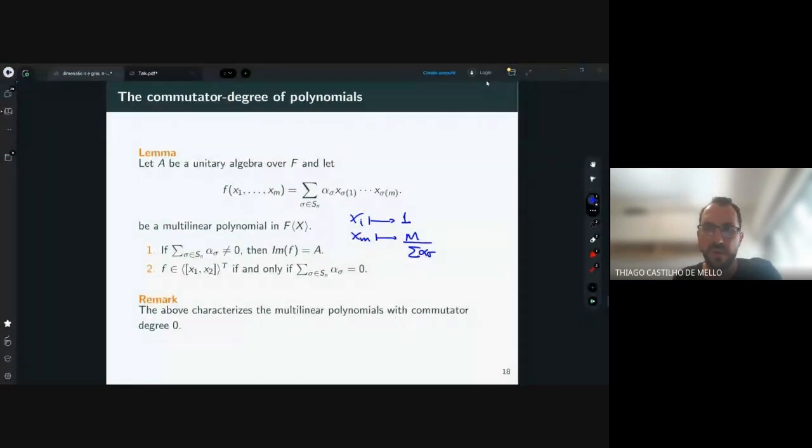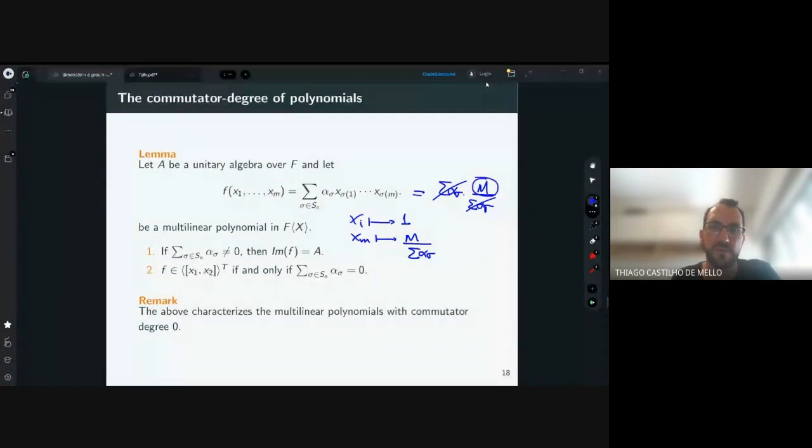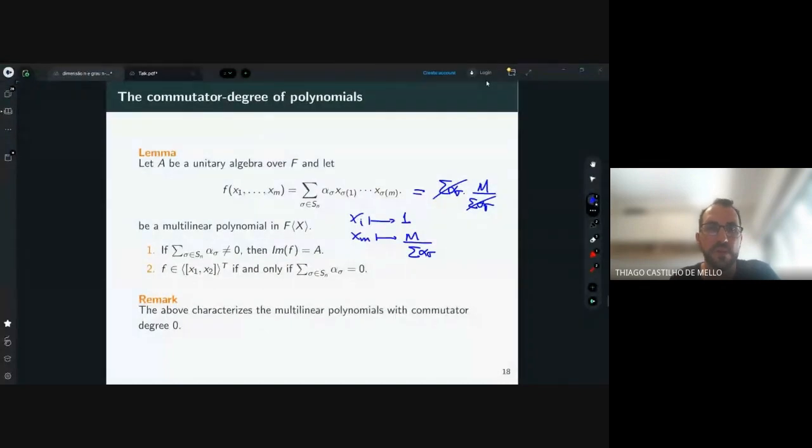Since these commute with themselves, all such evaluations are independent of the order, and will result in the sum of alpha_sigma multiplied by M over the sum of alpha_sigma. So this cancels out, and you obtain the matrix M. So for an arbitrary matrix M, you can find an evaluation which obtains M in the image of f. So these conditions give that the image is A.